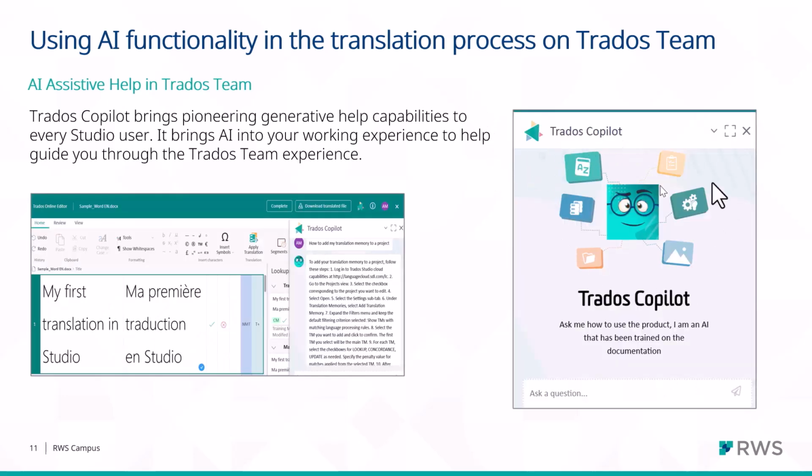This is the icon that you will find on the upper right hand here. You will open it and here in this case you can ask your question. For example, I put here how to add my translation memory to a project and Copilot will answer you with step-by-step information on how to do it.